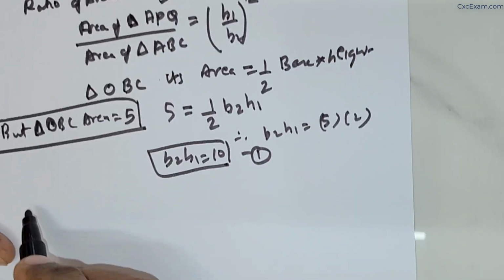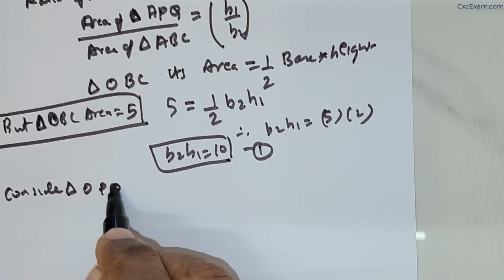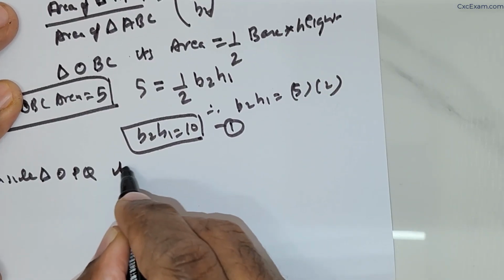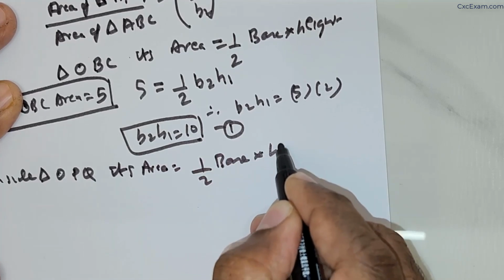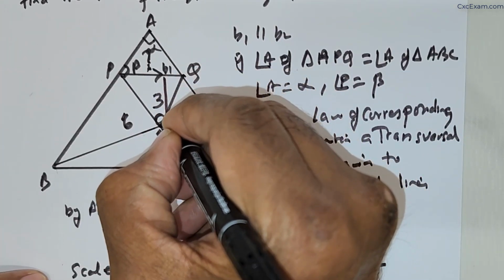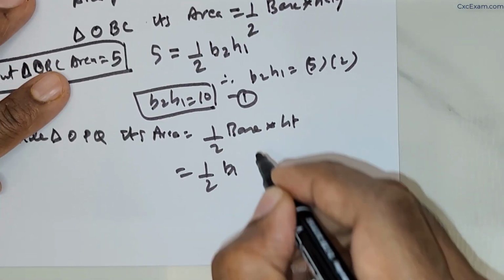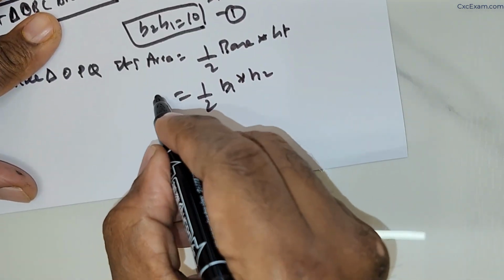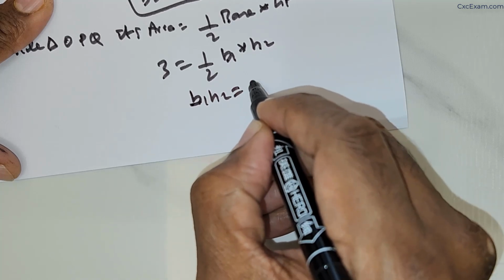So next we consider triangle OPQ. So its area is going to be half times base into height. The base is b1. Height, I'm going to take this height to be h2. So this is h2. The area is given to be 3 square units. So b1 h2 is equal to 6.